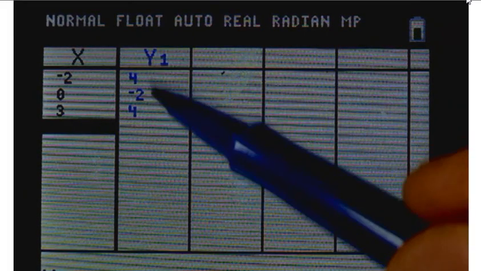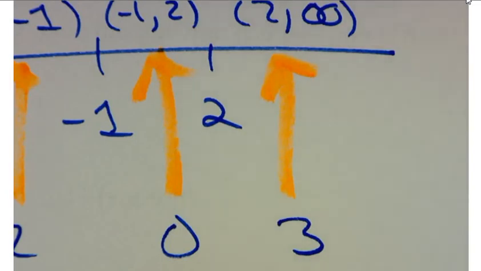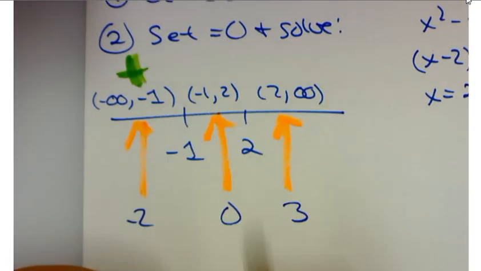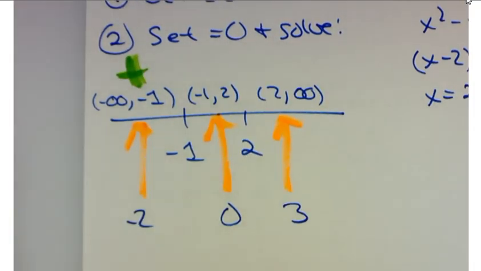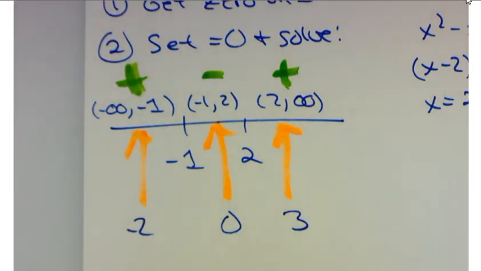I got 4, negative 2, and 4. What matters is the sign of those numbers. The numbers from this interval, when I plug them into my inequality, make it positive. Here they were negative, here they were positive.